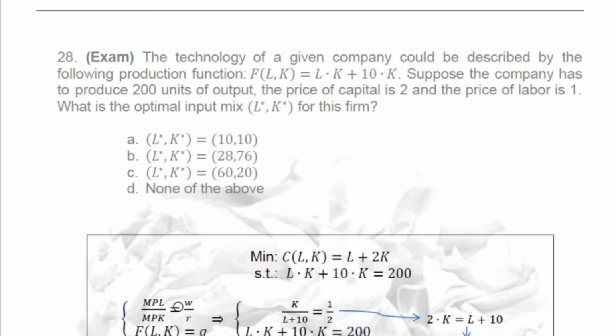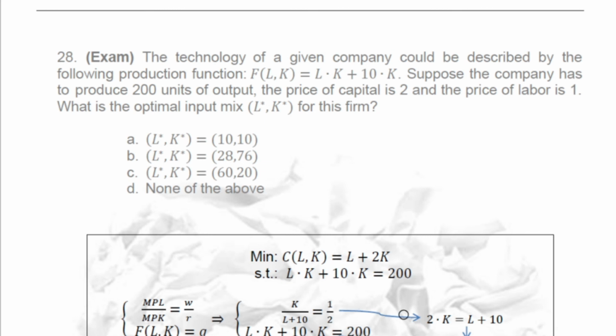Here is the MRTS in absolute value: the derivative of the production function with respect to L is k, divided by the derivative with respect to k, which is L plus 10, equal to wage divided by rate, 1 divided by 2, 1/2. Then the isoquant is the constraint.